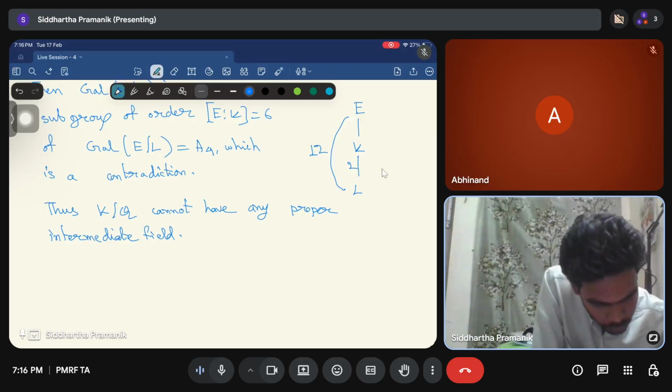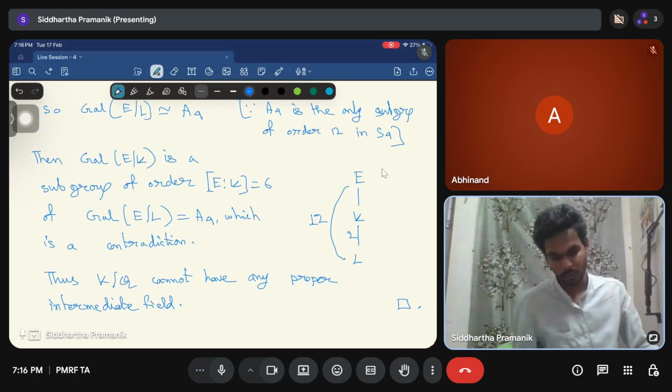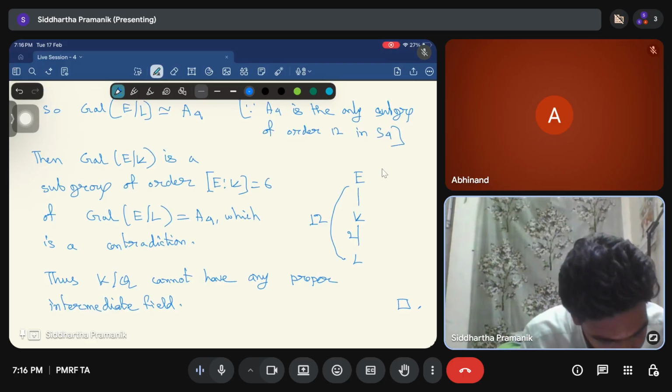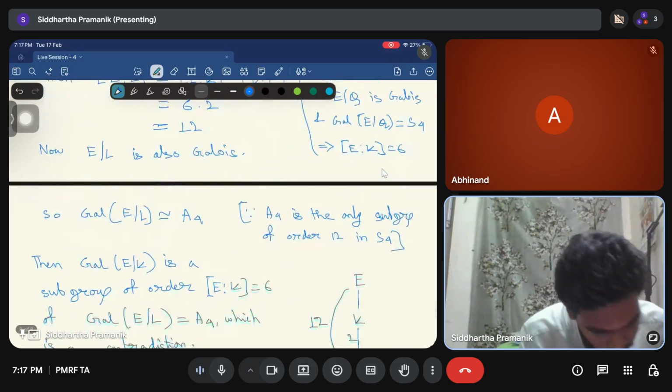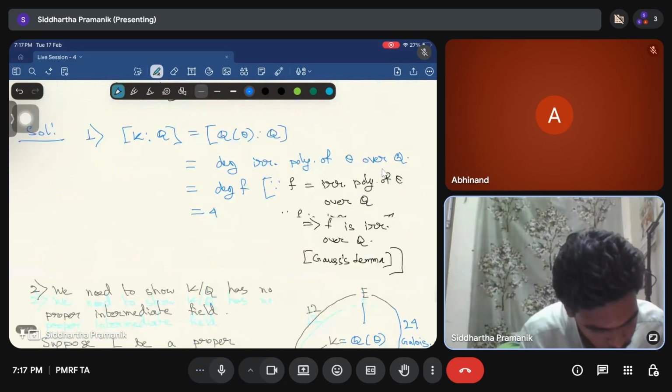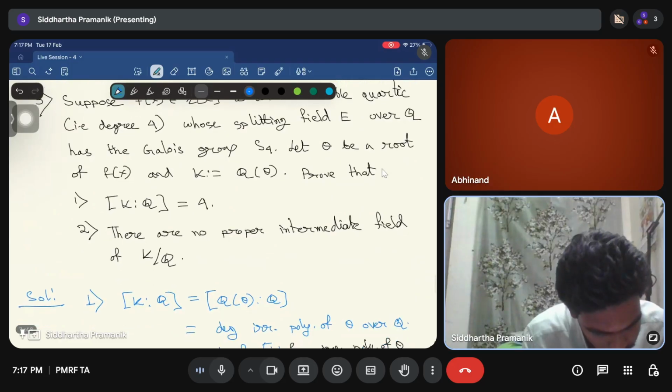Okay, so this proves the second statement. So this problem fairly uses the fundamental theorem and some results from group theory. So this is a good exercise to grasp the contents.